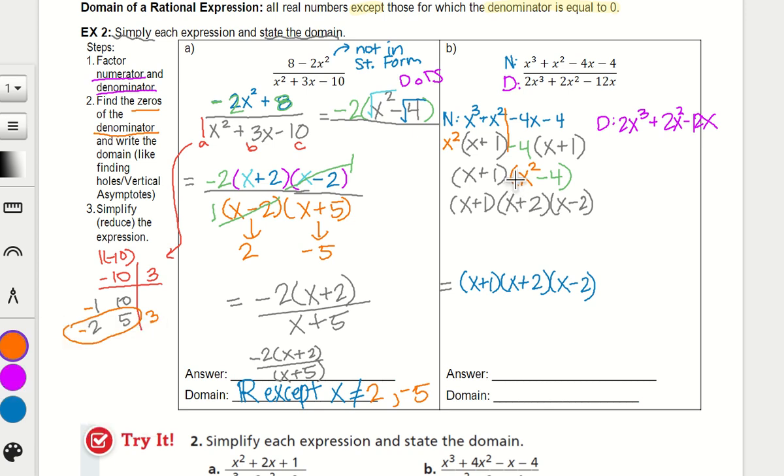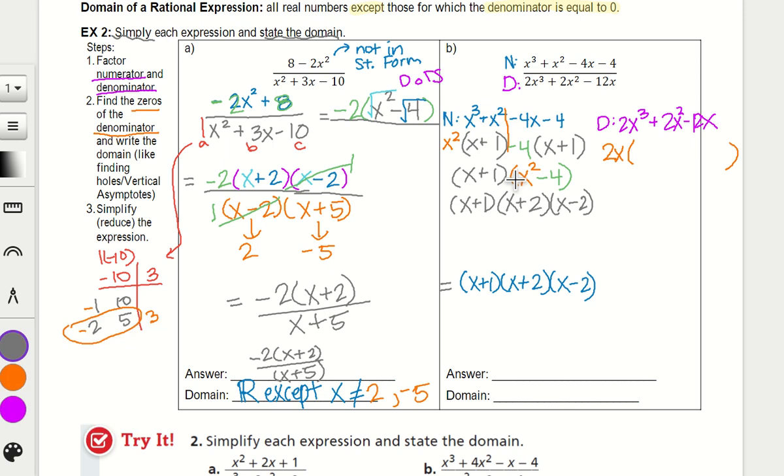I want to check a GCF first though because I noticed that all these are even numbers. So I see that I can factor out a 2. It's not going to be negative 2 like it was in the last one because my leading coefficient is not negative. I also see that every term has an x, so I can take out a 2x from my expression 2x cubed plus 2x squared minus 12x.